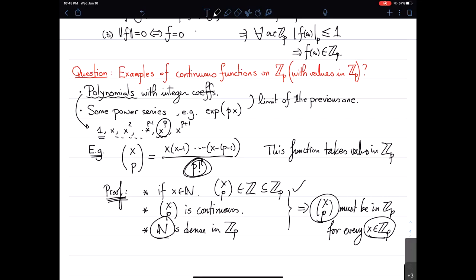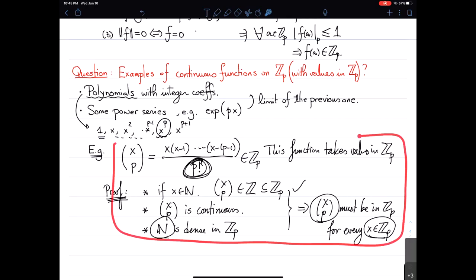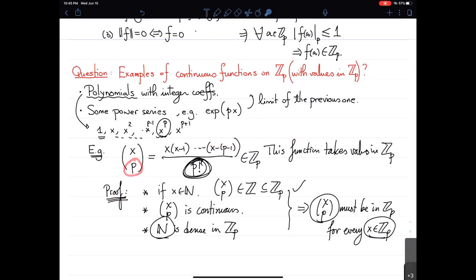So this is something kind of peculiar in some sense. You have p in the denominator, but still the polynomial will give you a number in Z_p. But think about this. If you look at the whole proof, nowhere do we use the fact that I'm doing x choose p. I can choose anything.